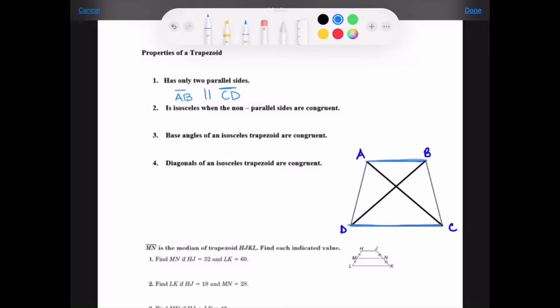Next, it says that this is an isosceles trapezoid when the non-parallel sides are congruent. So here we have AD and BC as our non-parallel sides, and those are congruent, making this an isosceles trapezoid. So AD is congruent to BC.